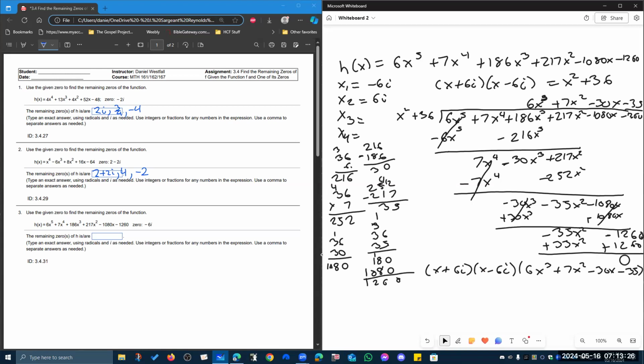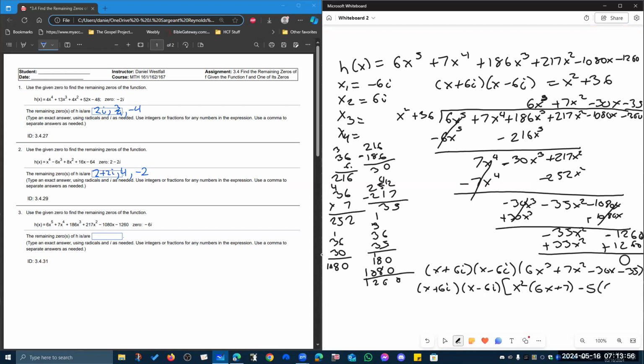I'm going to factor by grouping here. I'm going to factor out my x squared, 6x plus 7. And then I'm going to factor out a negative 5 here.